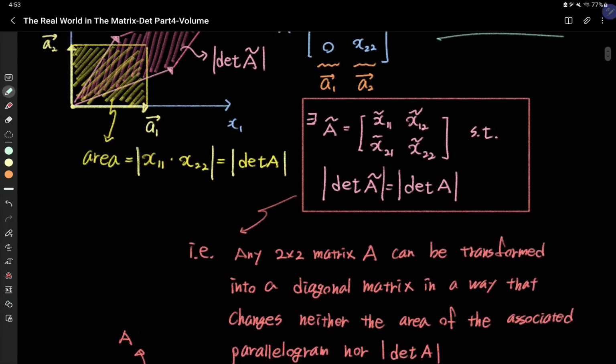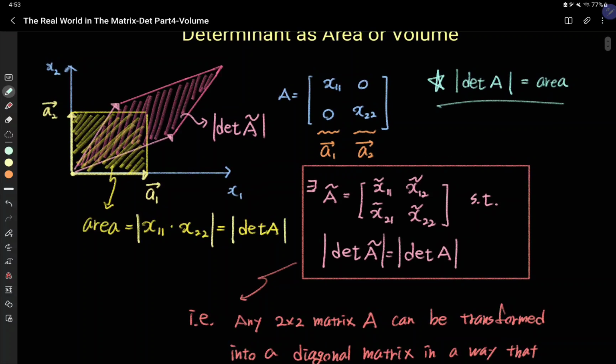In conclusion, the absolute value of determinant A tilde represents the area of that parallelogram, which is obtained by the two vectors. See the two vectors right here? These vectors are the column vectors of A tilde.